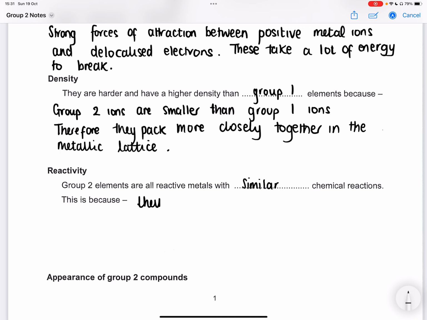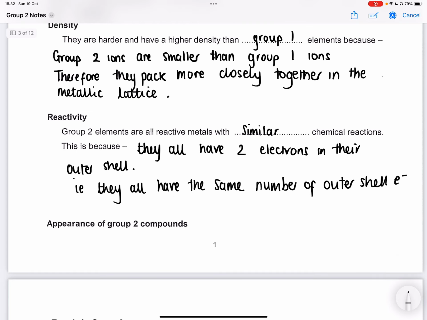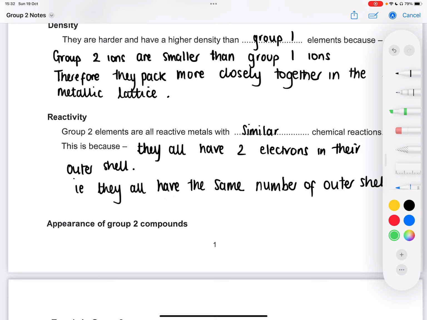So they all have 2 electrons in their outer shell, i.e., they all have the same number of outer shell electrons.